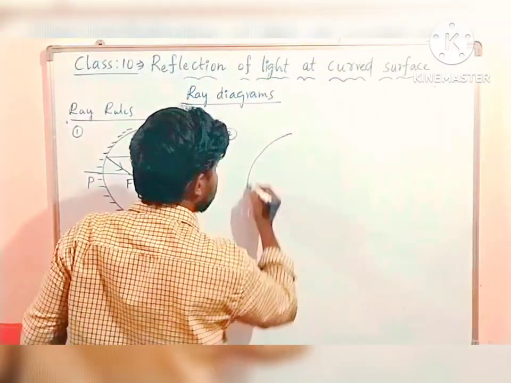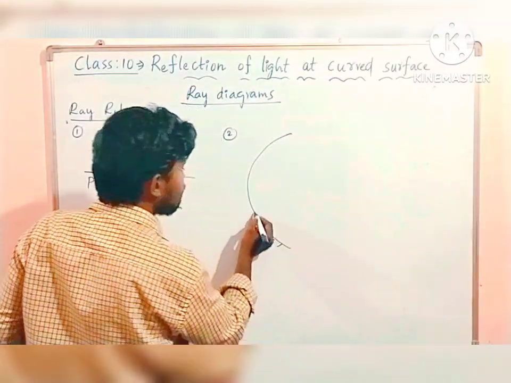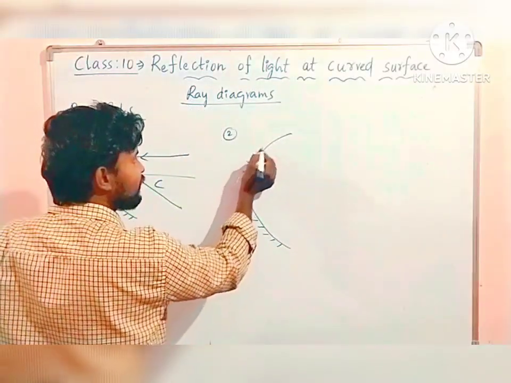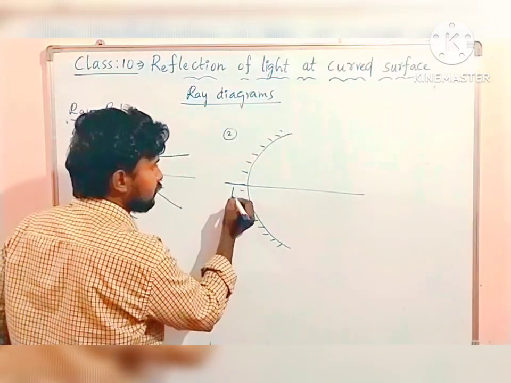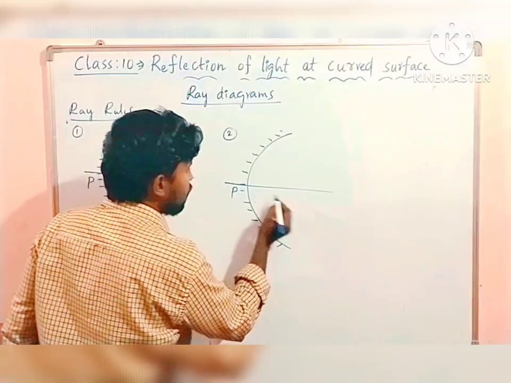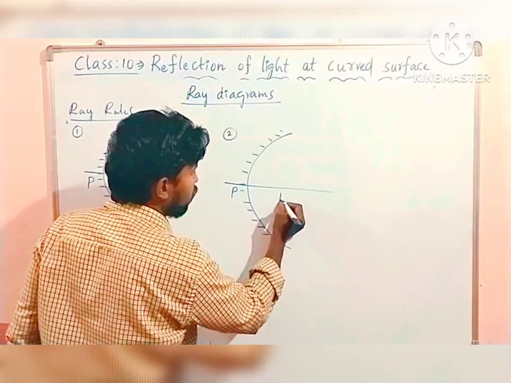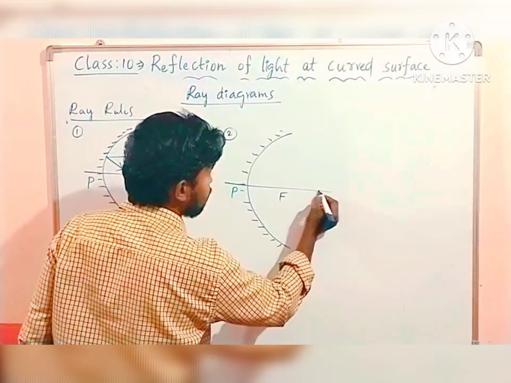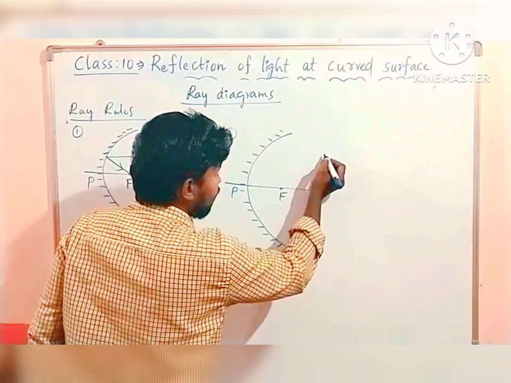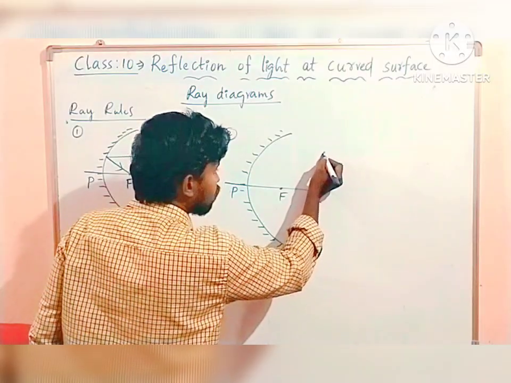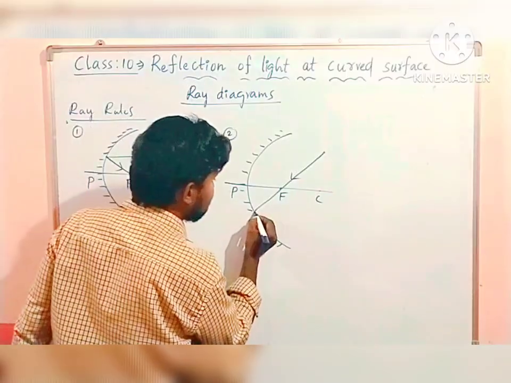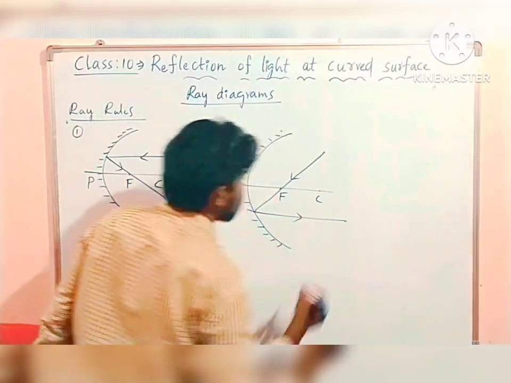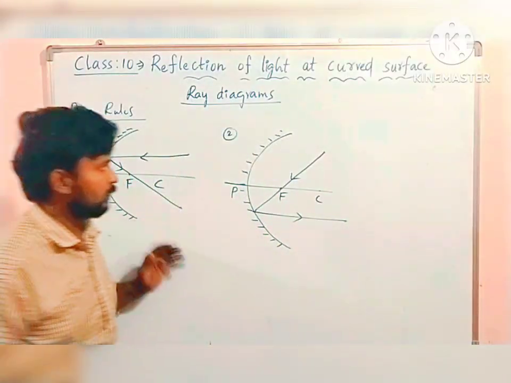Next, rule 2. Rule 2 is the inverse of rule 1, opposite to rule 1. So here it is the pole, here it is the focus, here it is the center of curvature. When a light ray passes through the focus, after reflection it moves parallel to the principal axis కి parallel గా వెళ్తుంది.